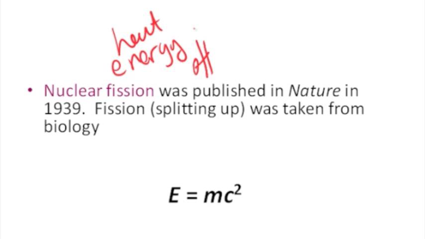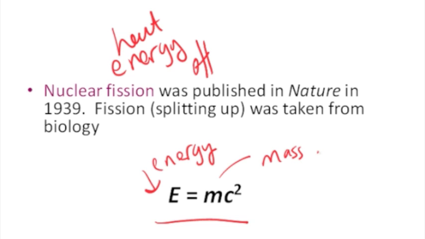And as it turns out, the source of that heat energy had been predicted already by Einstein in his famous theory of relativity. He had said that matter and energy are interconverted via this reaction. E, energy, equals m, mass, times c, and c is the speed of light.